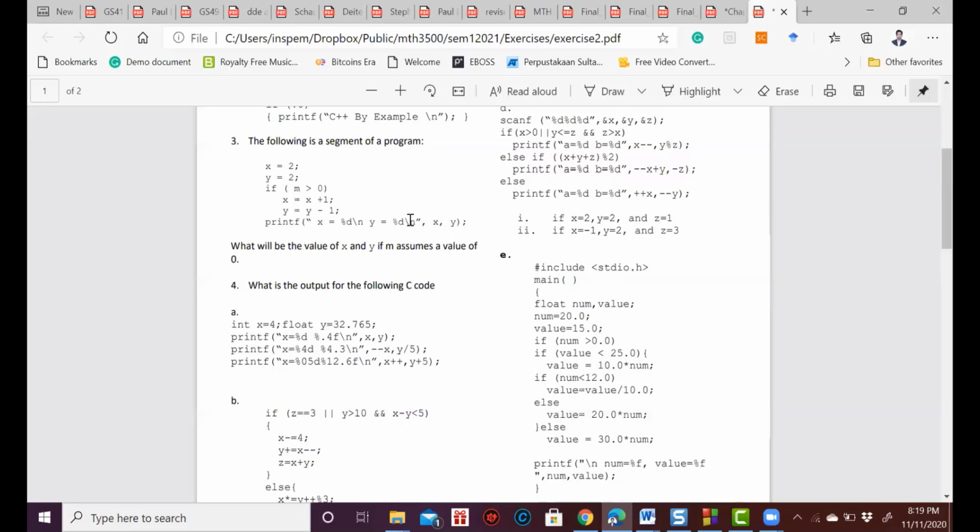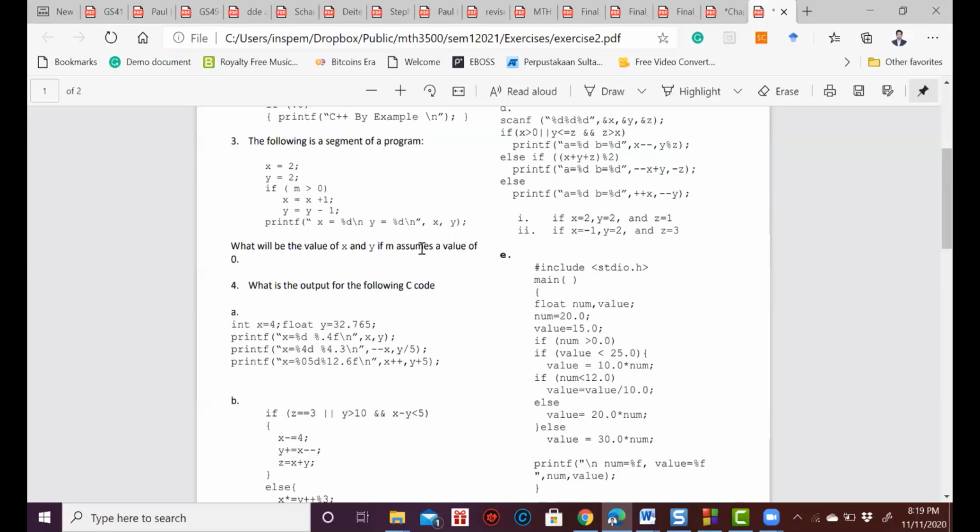X equal 2 and Y equal 1 is the answer if M is greater than 0. The question is, what is the value of X and Y if M equals 0? So we will write that the value of X and Y will be skipped if M equals 0.